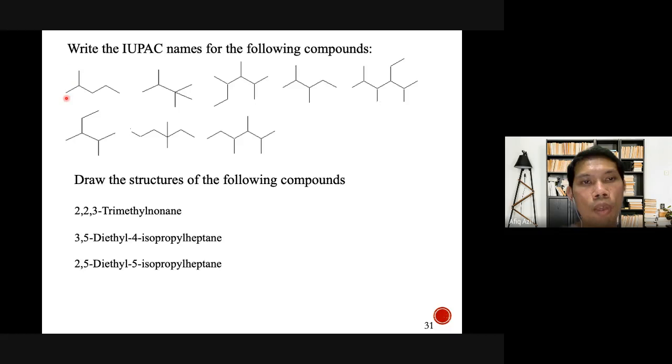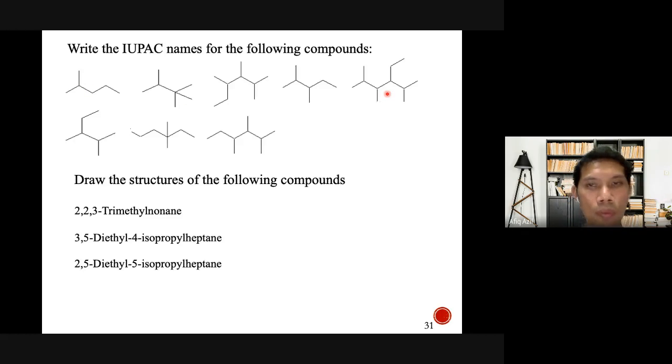So the methyl will be at carbon number 2 because you start numbering from this side, 1, 2, 3, 4, and 5. So this will be known as 2-methylpentane. Okay, 2-methylpentane.